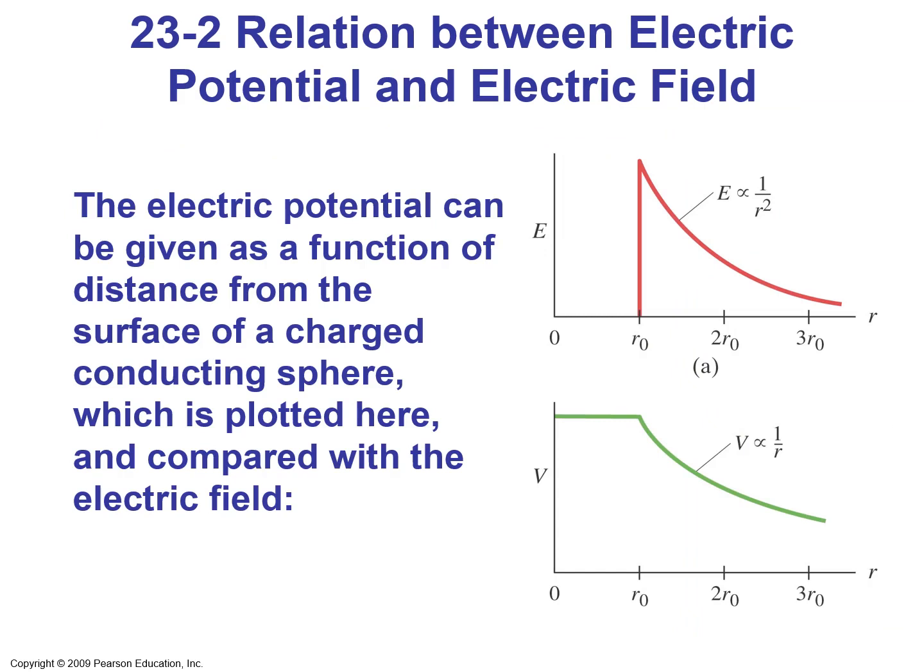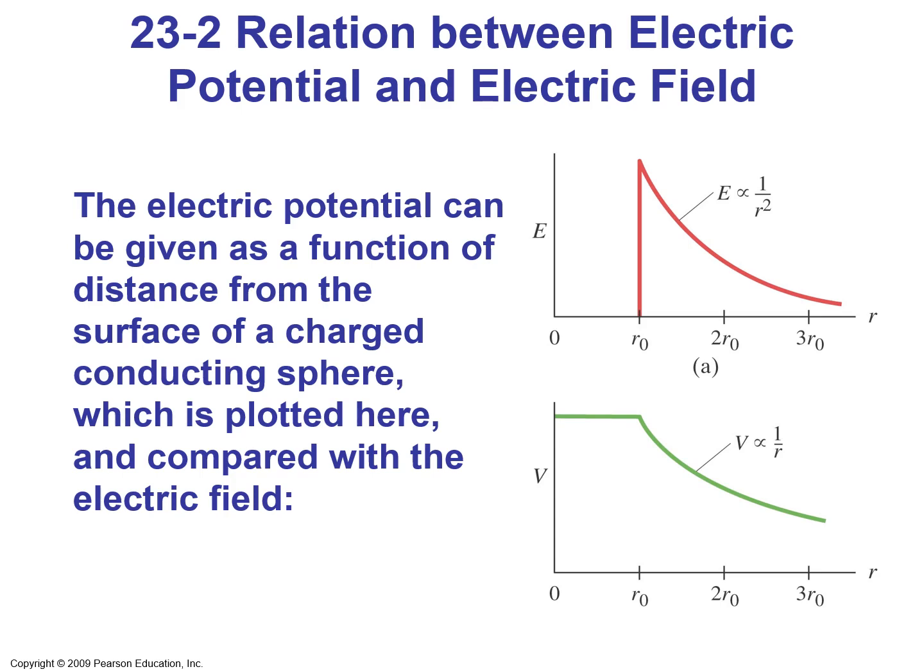The electric potential can be given as a function of distance from the surface of a charged conducting sphere, which is plotted here on the right and compared with the electric field. On top we have the electric field E as a function of distance from the center of the sphere with radius r. The electric field depends on r as 1 over r squared, while for the electric potential V, the dependence is 1 over r.